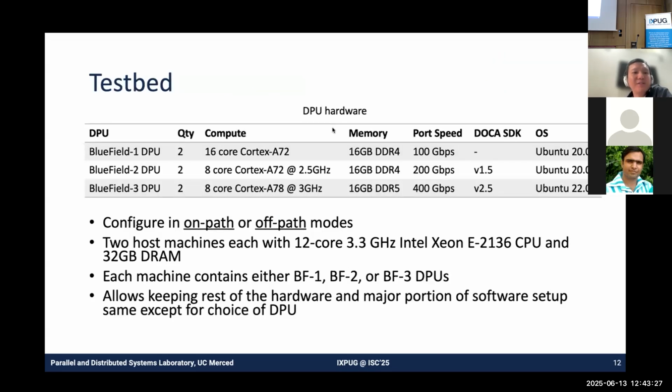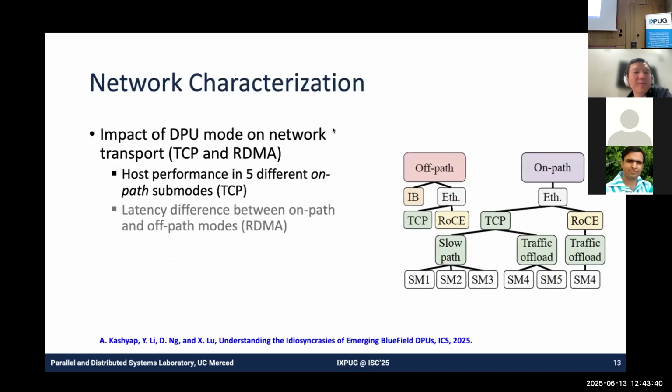We systematically run our benchmarks on top of BlueField 1, 2, and 3 generations. We try to observe what's going on over the years, which is improved, which is not improved, and so on and so forth. From the network perspective, because of time, I cannot discuss RDMA paths. Please feel free to read our paper, because I think RDMA has been discussed by many people already.